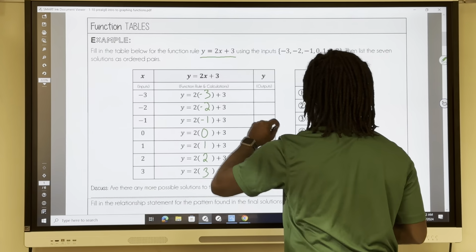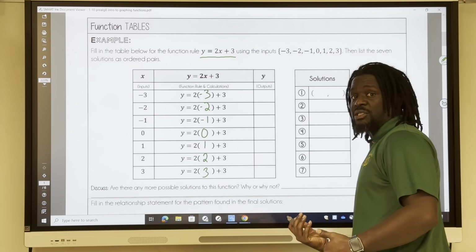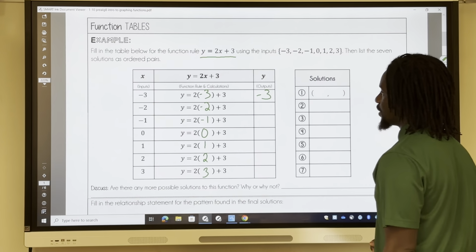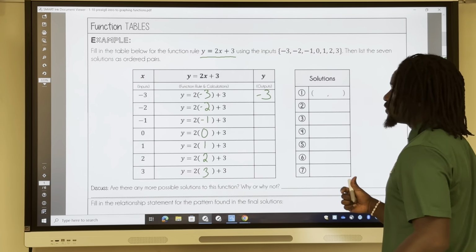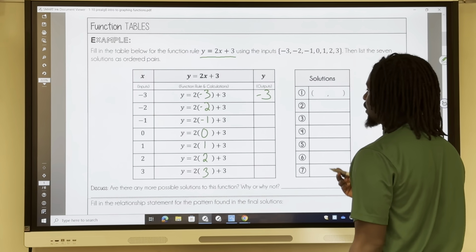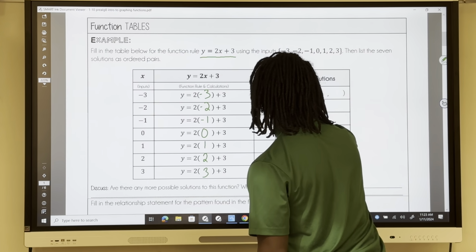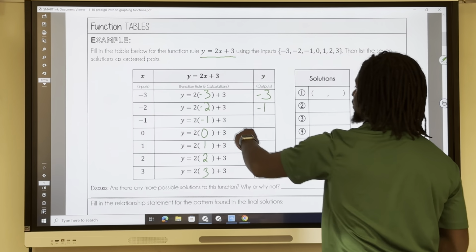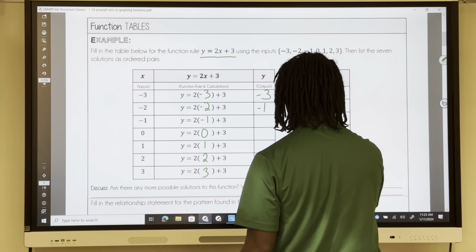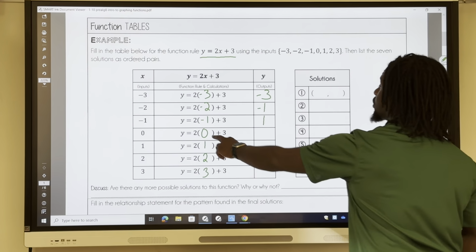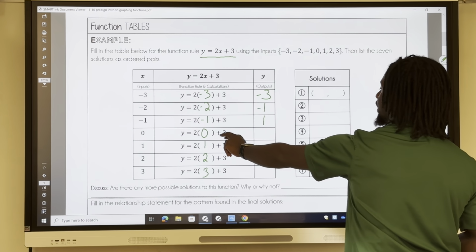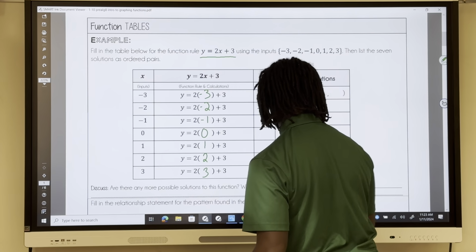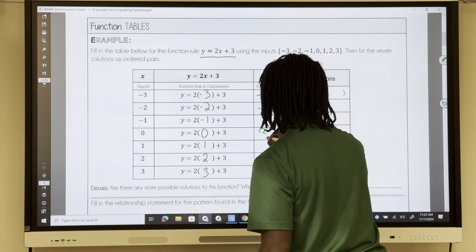So 2 times -3 is -6, and then -6 plus 3 is going to be -3. 2 times -2 is -4. -4 plus 3 is -1. 2 times -1 plus 3 is going to give us 1. 2 times 0 plus 3 is going to give us 3.